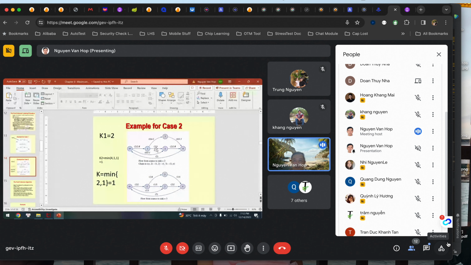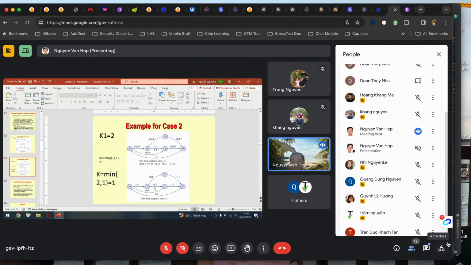Increase 1 and reduce 2. Therefore, how much? That is 1. Reduce 2 is 0, increase 1 is 1. Therefore, it is 1. It's increase 1, right? And after that, you check the flow balance.